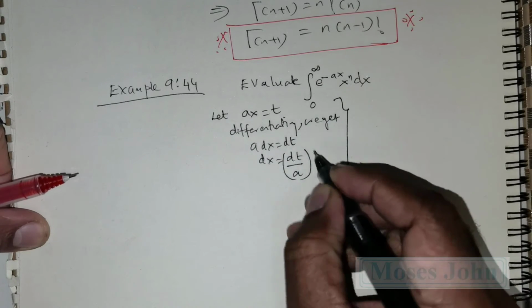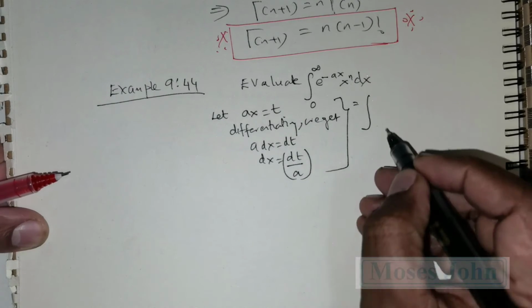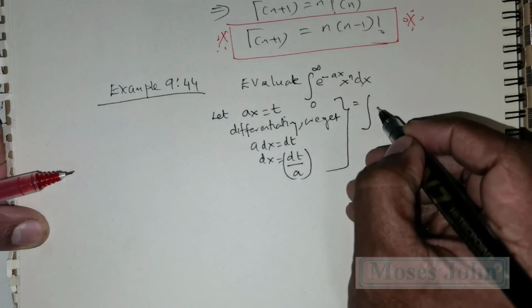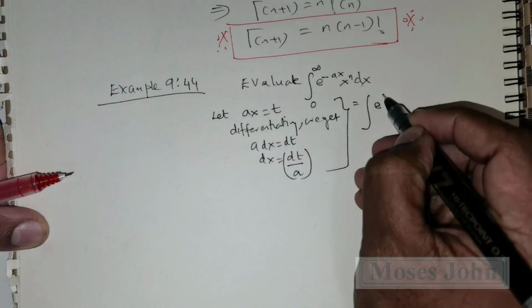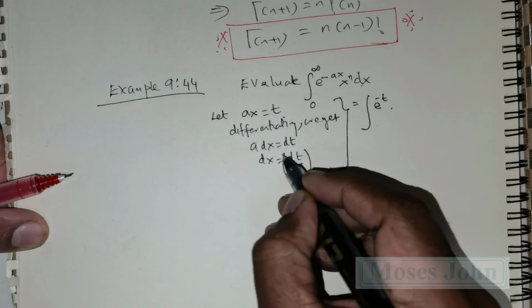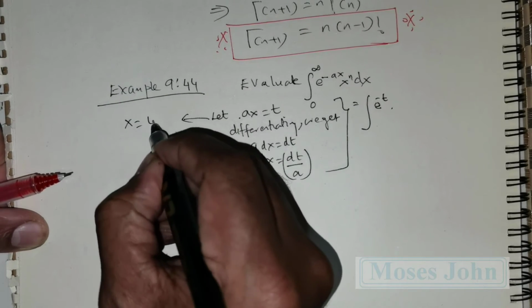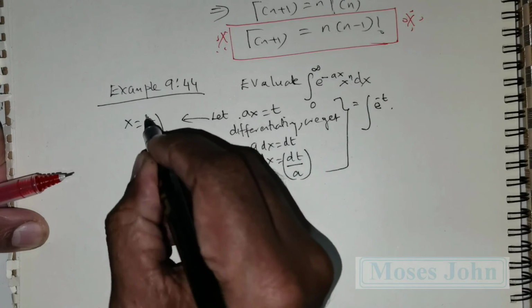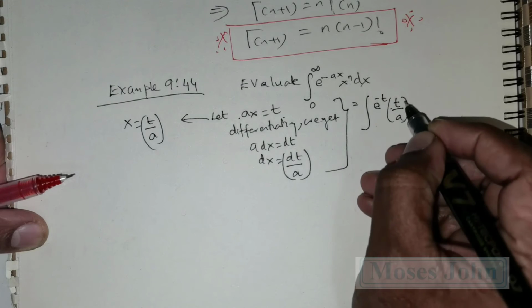Now I'm going to be using the substitution here, so this is going to be the integral. I'm not going to place the limits now. e raised to the power, in place of ax it's going to be t, and in place of x I can write t divided by a, so this is t divided by a raised to the power n.